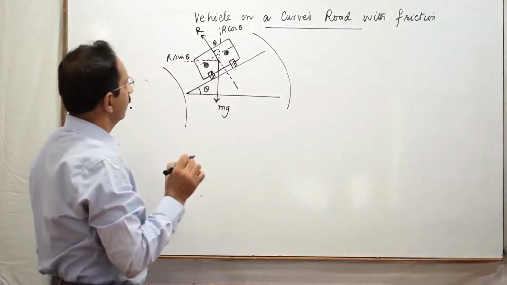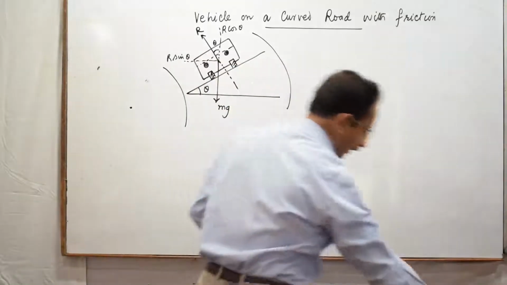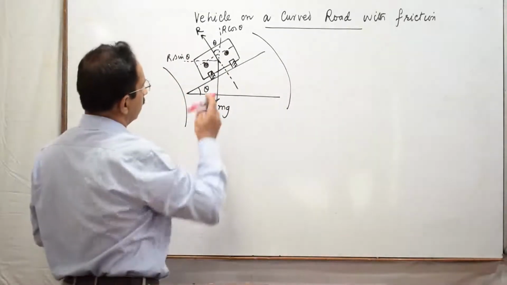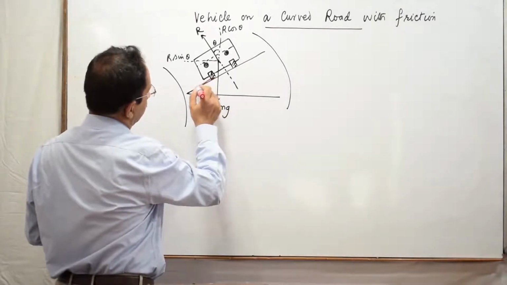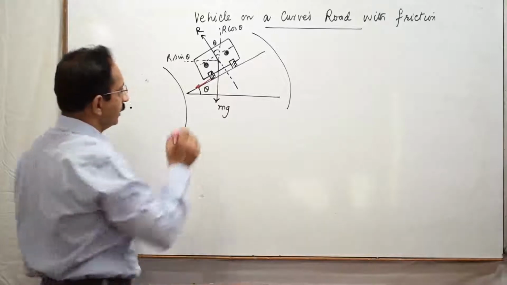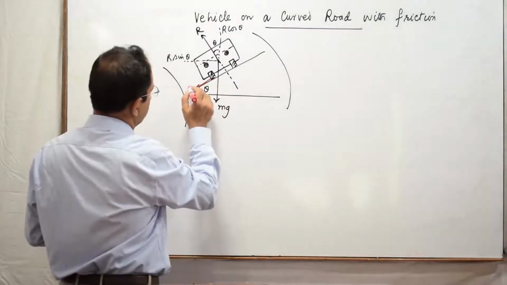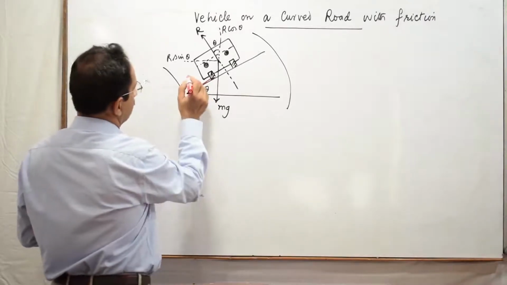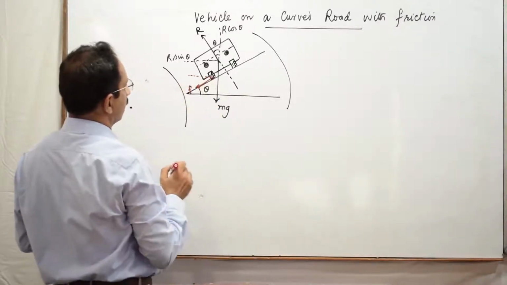Now you will see that the force of friction comes into play here between the tires and the surface of the road. The red arrow indicates a force of friction. Assume it to be F. Now we can resolve this friction again into two components.